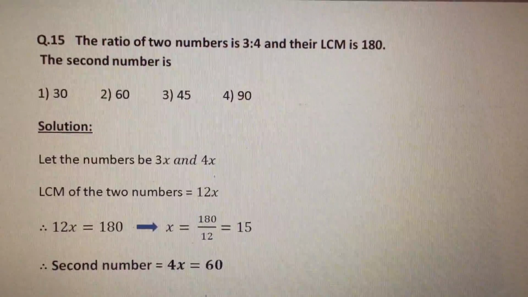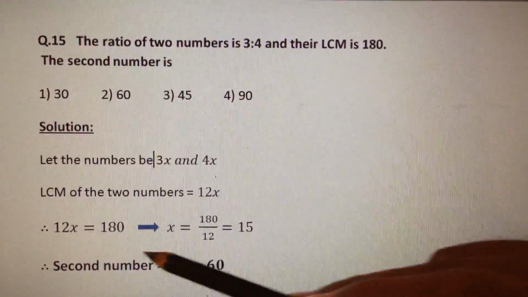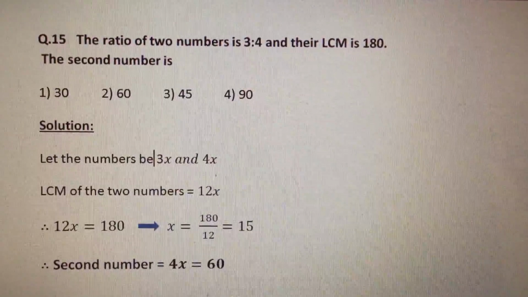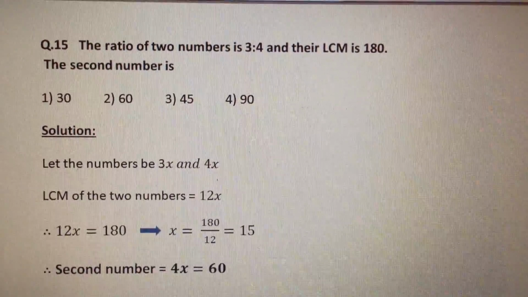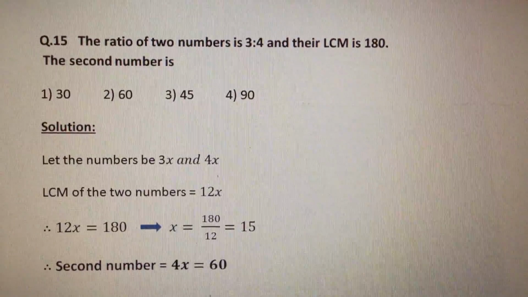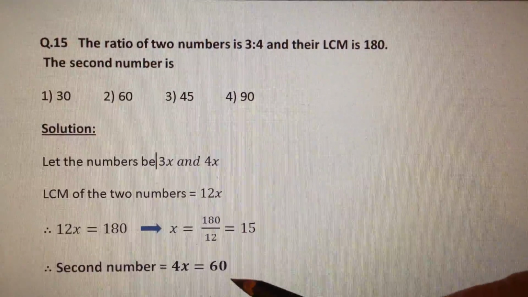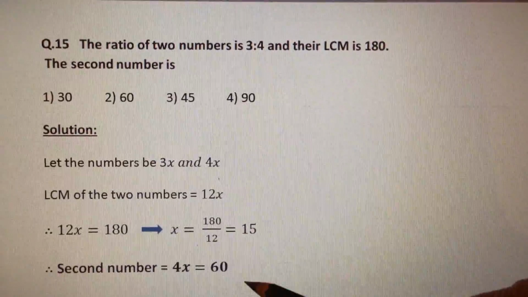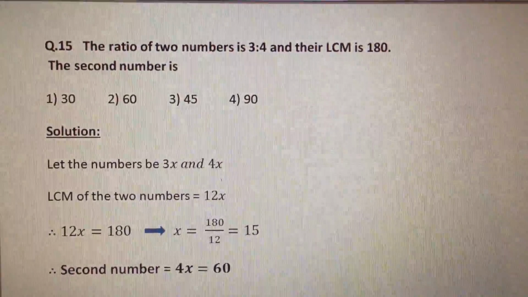It is given that LCM is 180. Therefore 12x is equal to 180 and x is equal to 180 by 12, which is equal to 15. So second number is 4x. Therefore second number is equal to 4 into 15, which is nothing but 60. So our answer is option number 2.